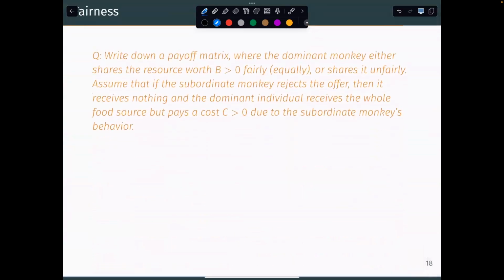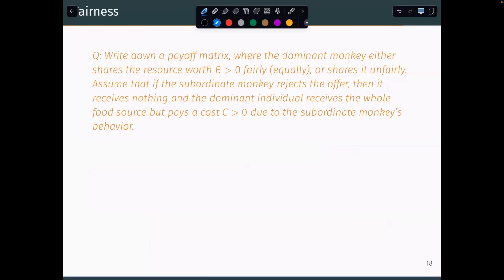So what I want you to do is to write down a payoff matrix or a payoff table where the dominant monkey either shares the resource worth B, and they could do this fairly, and by fair here I mean equally, or it can share it unfairly. And assume that if the subordinate monkey rejects the offer, then it receives nothing, and the dominant individual receives the whole food source, but pays a cost.